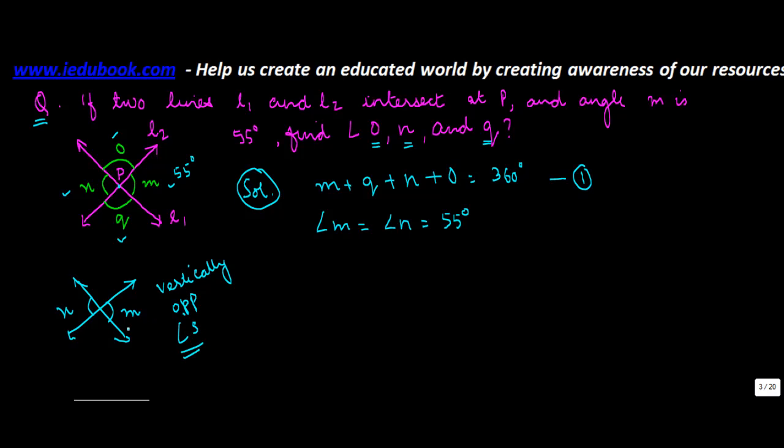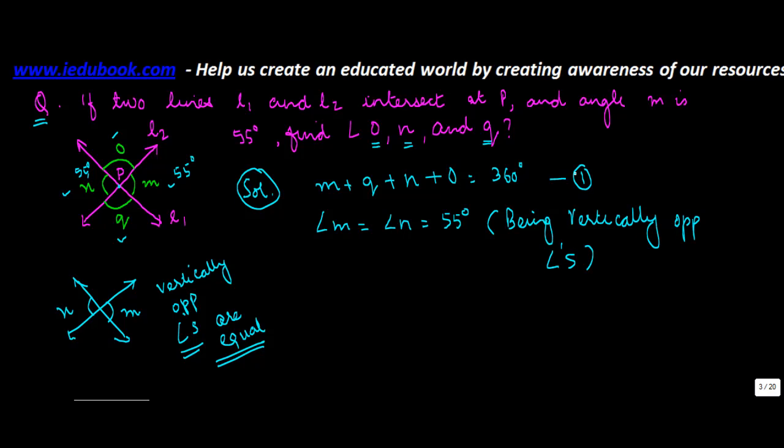And vertically opposite angles are always equal. Okay? So we can say that if M is equal to 55 degrees, then angle N is also equal to 55 degrees. Why? Being vertically opposite angles. Okay?